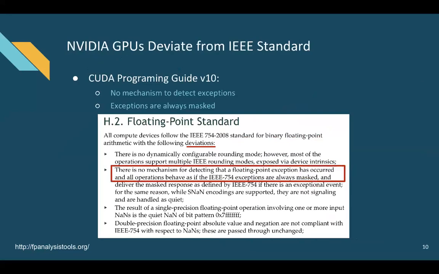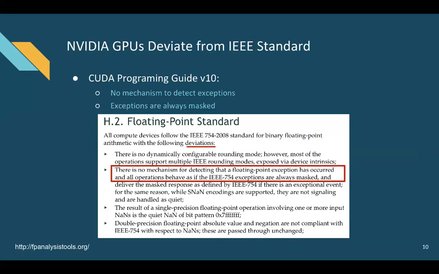Another issue is that even when we have a standard for floating point, some architectures do not implement the standard fully, and they have what they call deviations of the standard. One example is NVIDIA GPUs. In NVIDIA GPUs, there are no mechanisms to detect exceptions, and exceptions such as division by 0 or underflows are always masked.